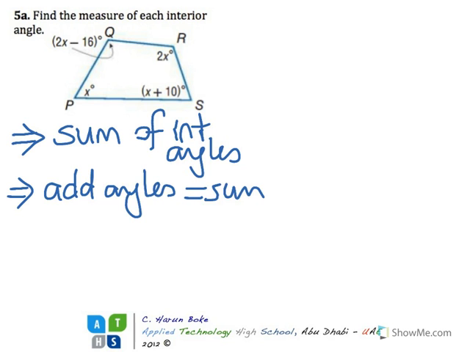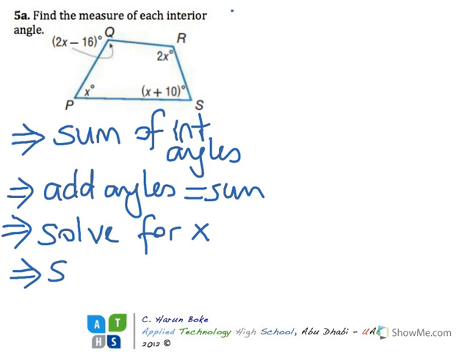So we have an equation, and then we are going to solve this equation for x. And lastly, we are going to substitute the value of x into each interior angle to find the measures.